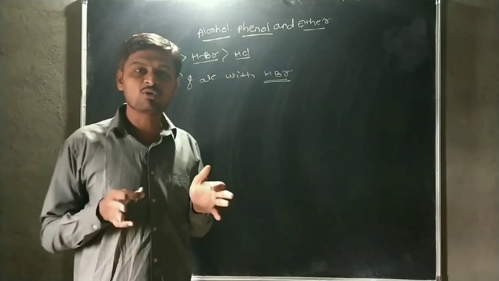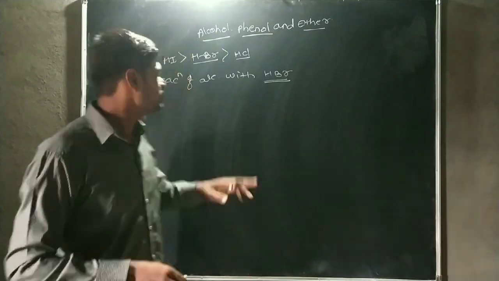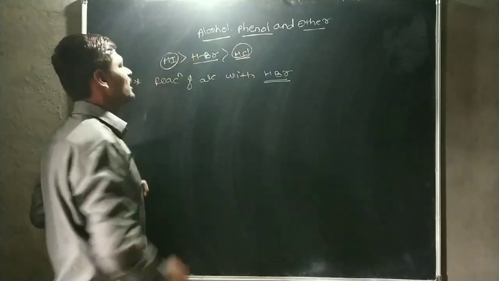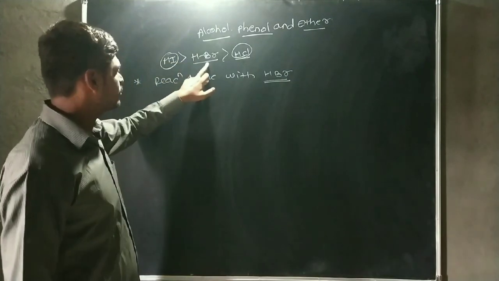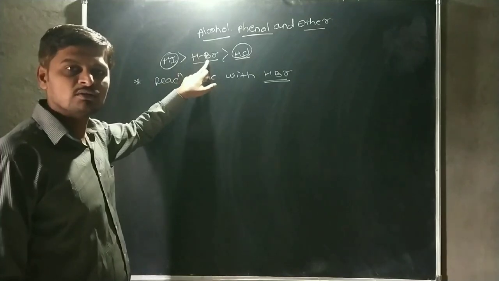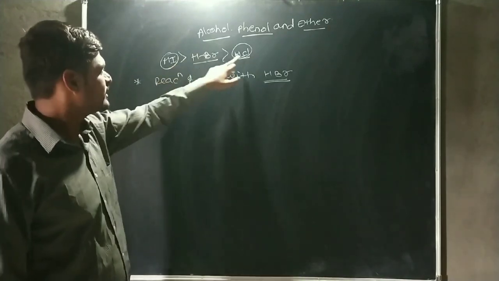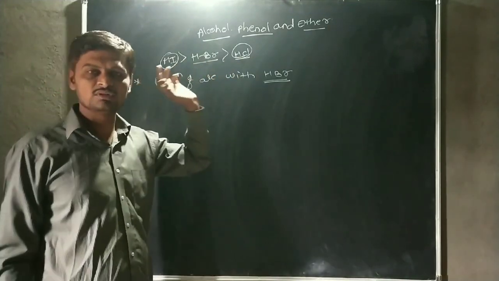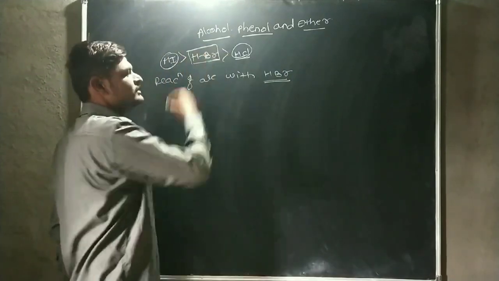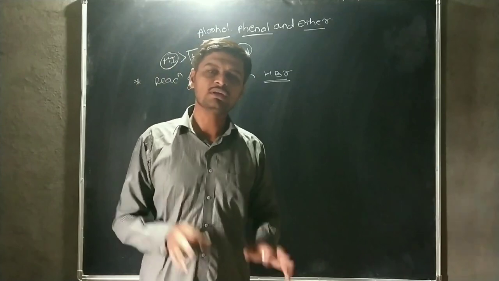That means according to reactivity, HBr is situated in between HCl and HI, because the reactivity of HBr is smaller than HI and greater than HCl.